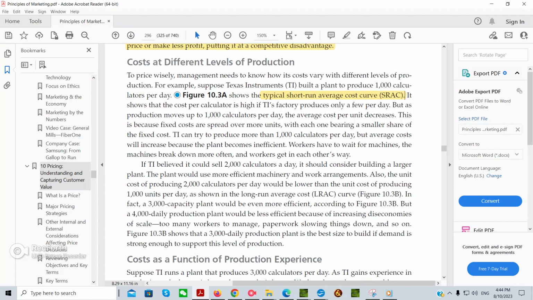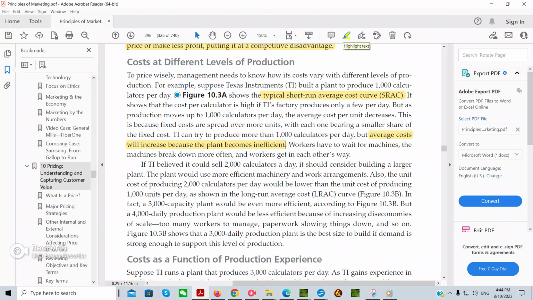Now, here's another thing. Average costs will increase. If average costs increase because the plant becomes inefficient, then the total cost increases as well. Average cost is also known as the unit cost.